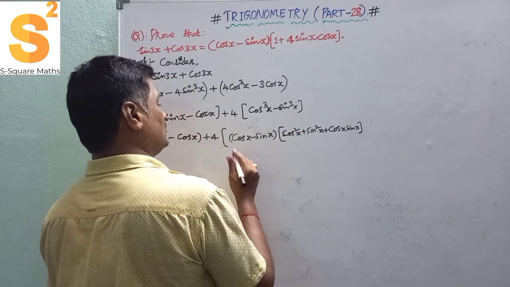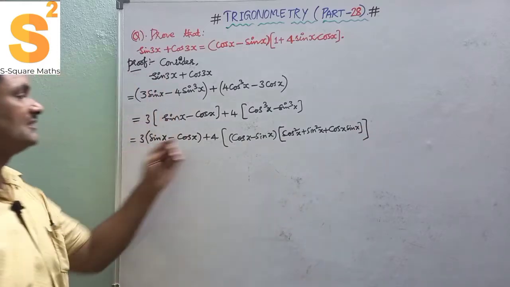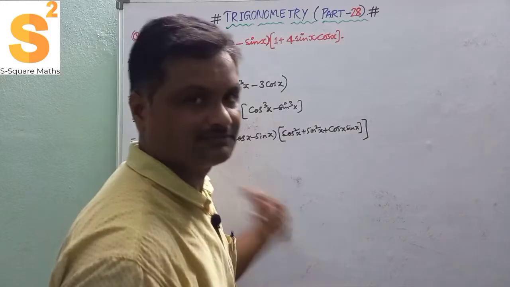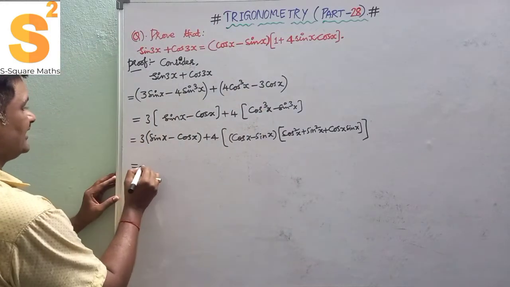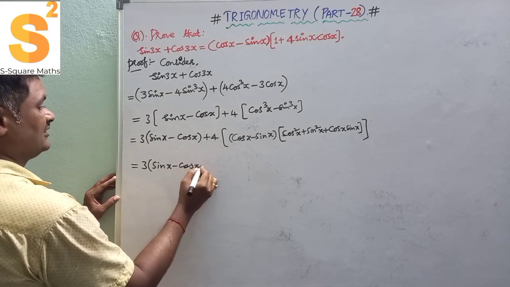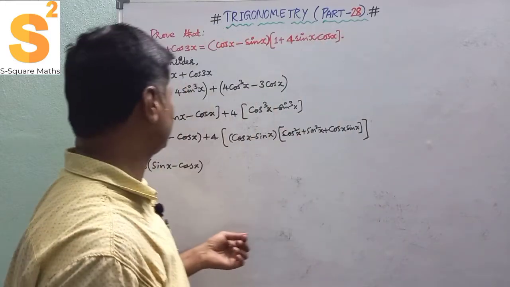Okay. So I have just applied a cube minus b cube, so a minus b of this one. So now here 3 times of sin x minus cos x. Here I am going to do two things.